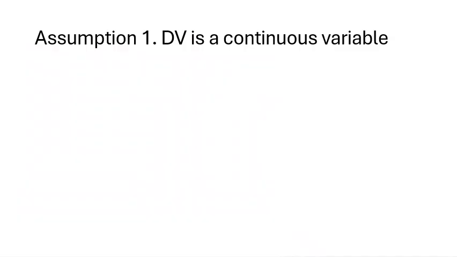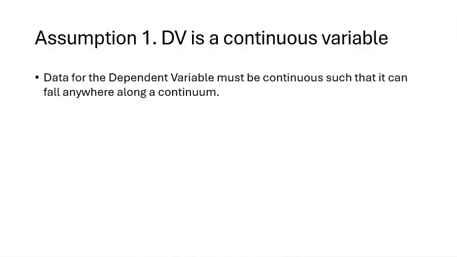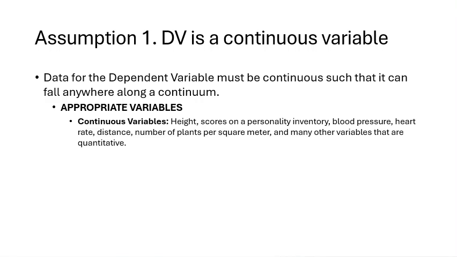So first off, we assume that the dependent variable is continuous. And you'll recall from the start of the semester that a continuous variable is just one where the data points can fall anywhere along a continuum. For example, continuous variables would include things like height. A person could be anywhere within a range of possibilities, 5 foot 4.5 inches or 6 foot 2.2 inches.